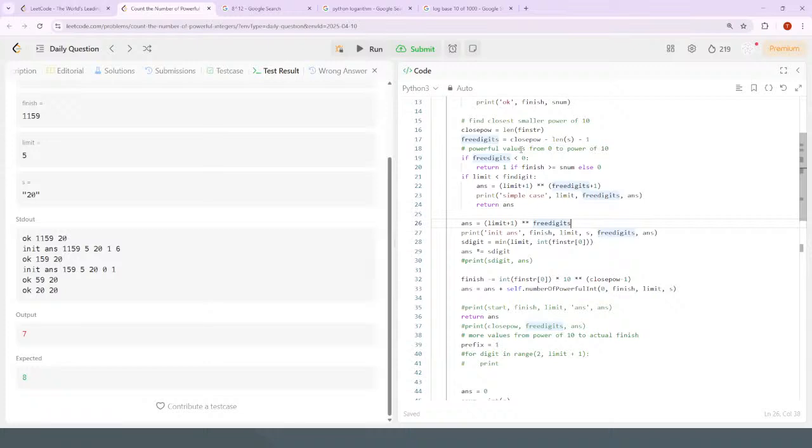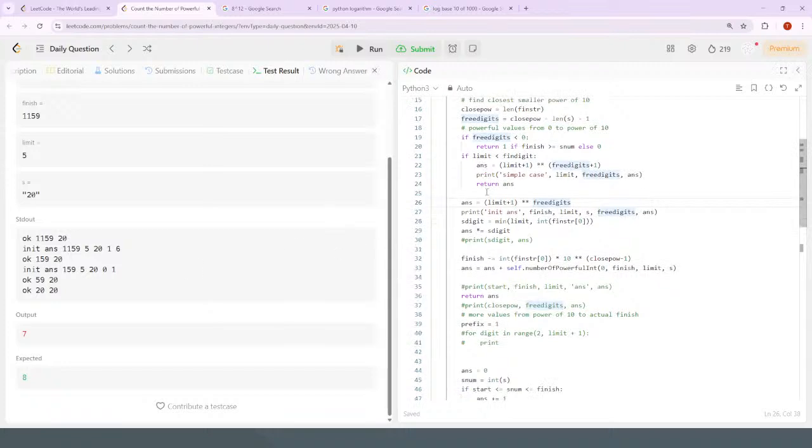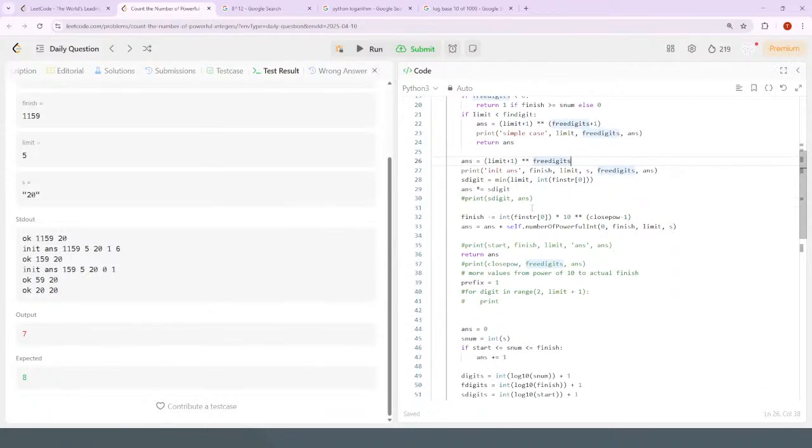Is it subtracting it? So if you're going from 0 to 1, 1 to 159, or 20 as your ending, 0 to 159, 20 is your ending.